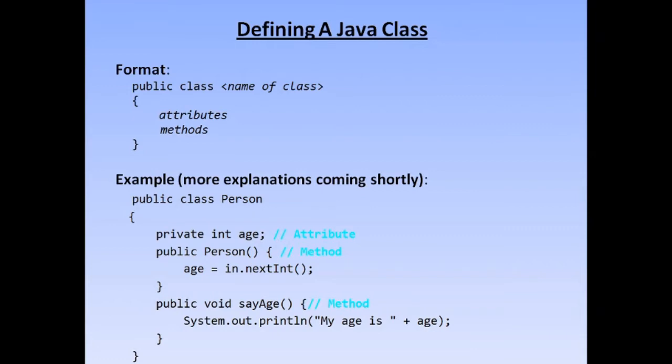Here we can see age is an attribute and person is a method, a class method. This function person is a special kind of method called a constructor. It is just initializing the value of the attribute inside the class, that is age. Now there is another method, say age, that has void as its return type, and it is not taking any arguments, and what it is doing is just printing the age, that is the attribute of the class.